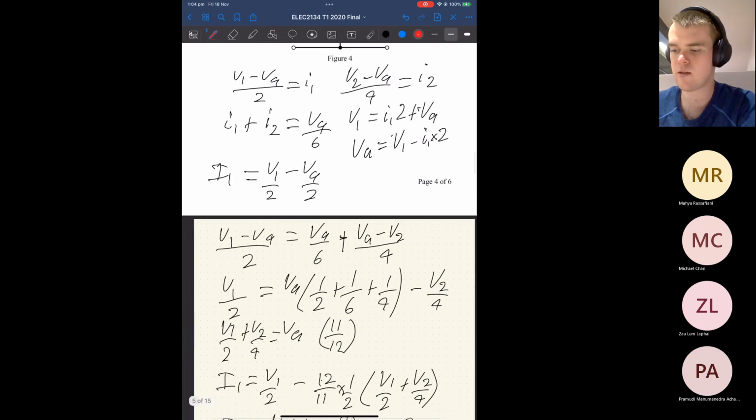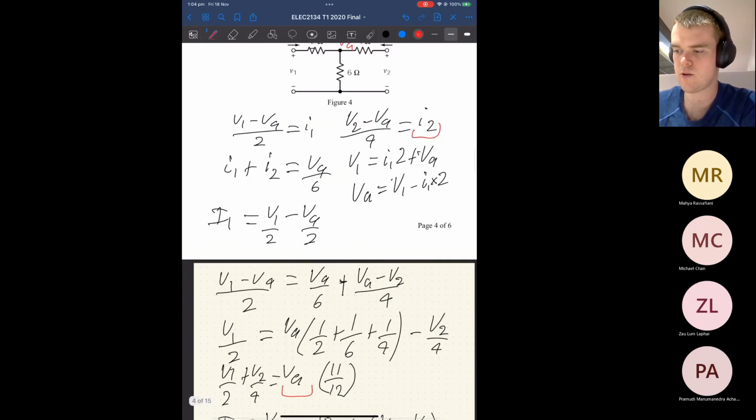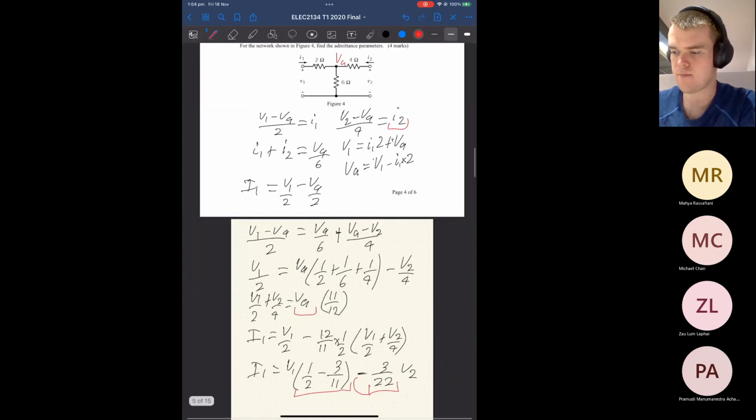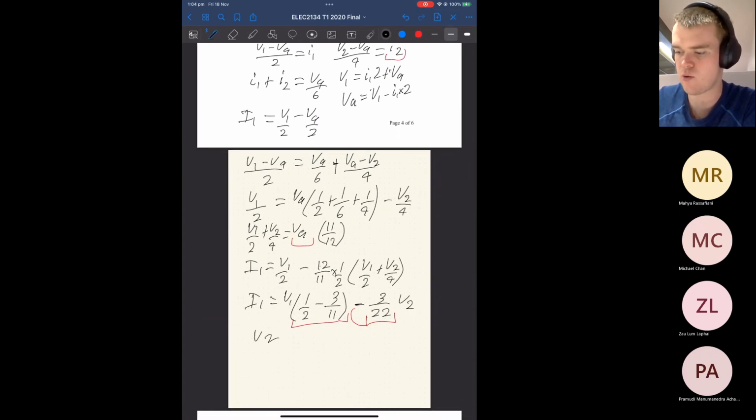Now since you've already gone through the effort of finding VA, we have this expression here. So we can simply say that V2 on 4 minus (V1 on 2 plus V2 on 4) times 12 on 11 times 1 on 4 is equal to I2.